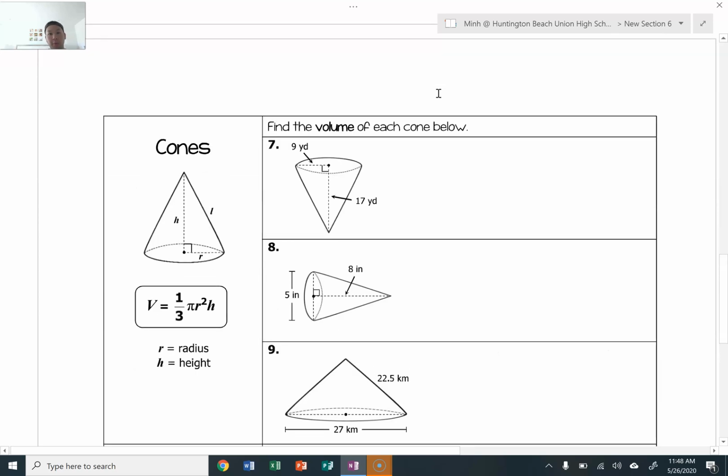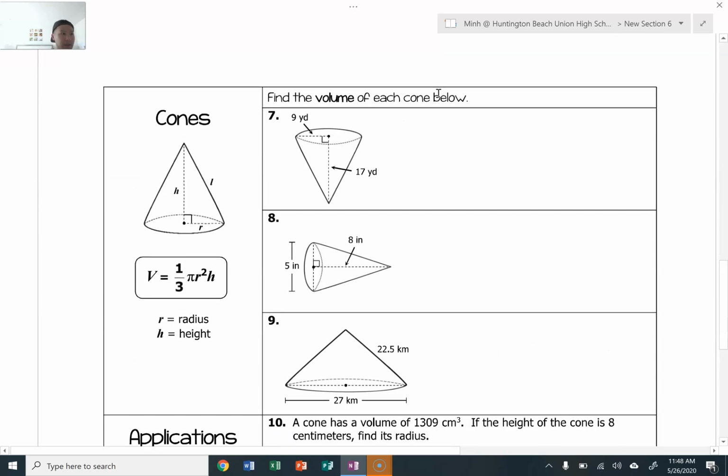I do want to do one problem from the cone section, but the cones are a little bit easier. They give you the formula right over here, but I prefer to use pi r squared height divided by 3. So let's put that in. r is my radius, which is from the center to the side of the circle, which is 9.